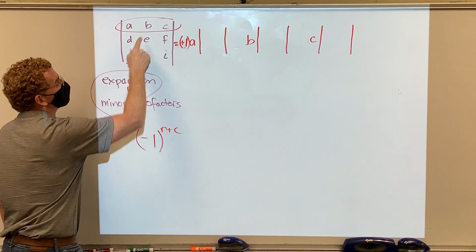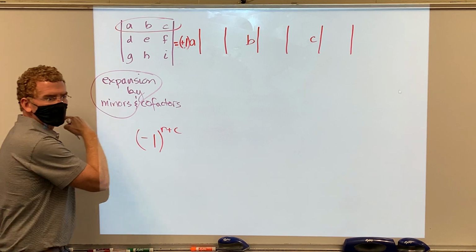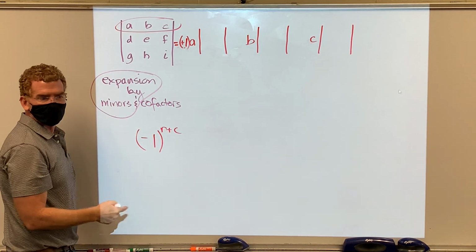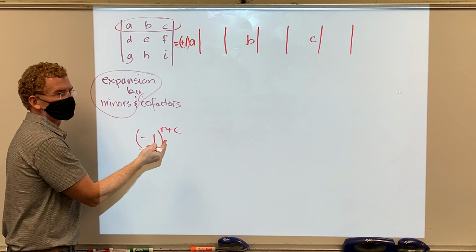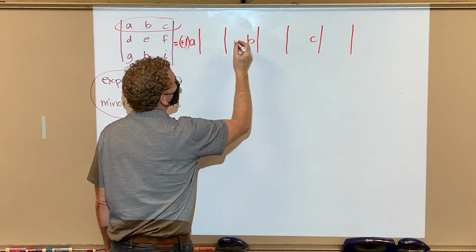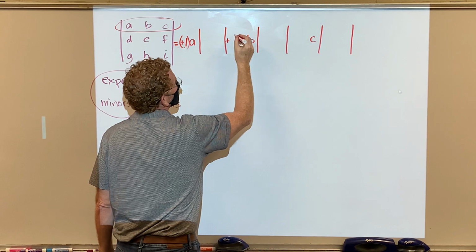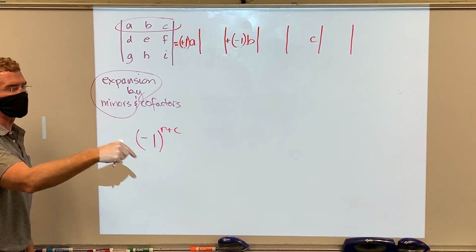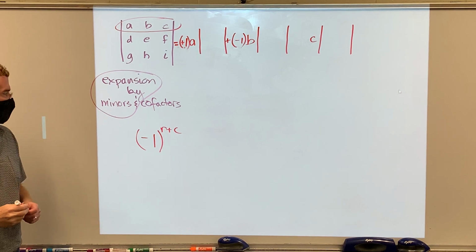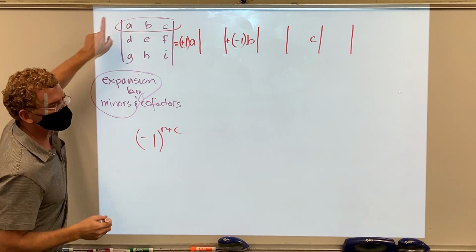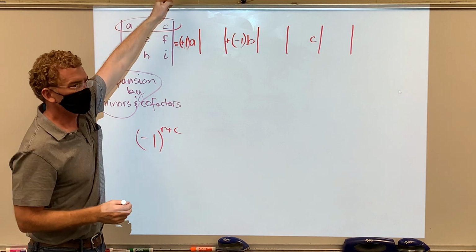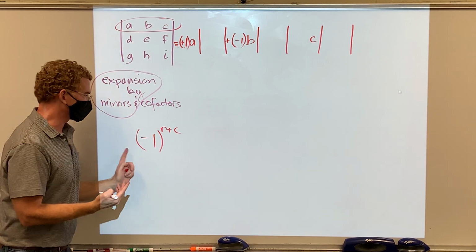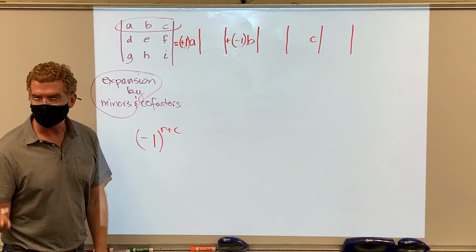Now, let's look at the B. The B is in the what? First row, second column. What's 1 plus 2? What's -1 cubed? -1. So here, I'm going to multiply that by a -1, which changes the sign of whatever B is. And then finally, C is in the what? First row, third column. 1 plus 3 is 4. -1 to the fourth would be +1.